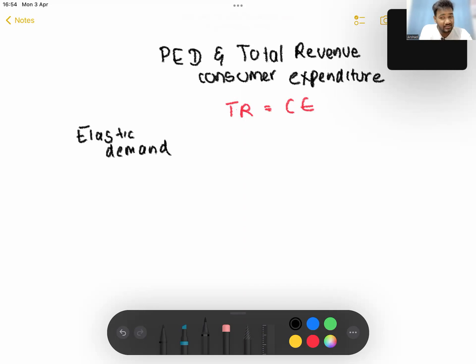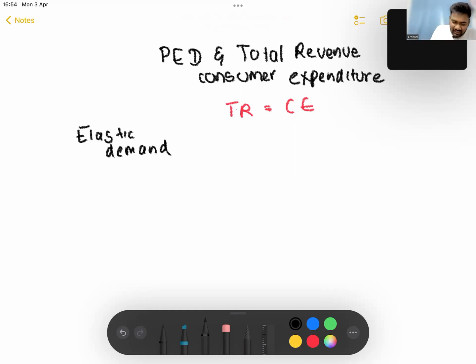Elastic demand is where when price changes, QD changes a lot. Remember the rubber band. Why do we call a rubber band elastic? Because it changes size. So always remember, whenever we say supply is elastic or demand is elastic, that means the demand or the supply changes a lot, guys.